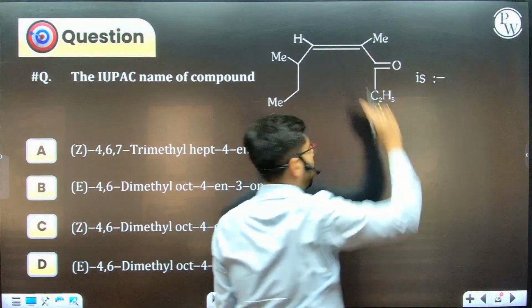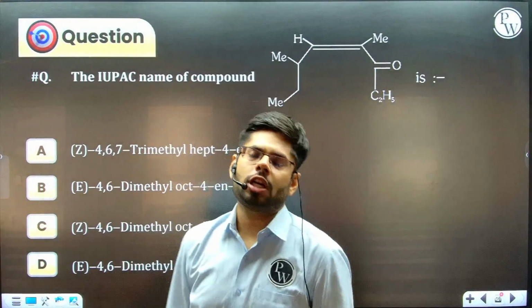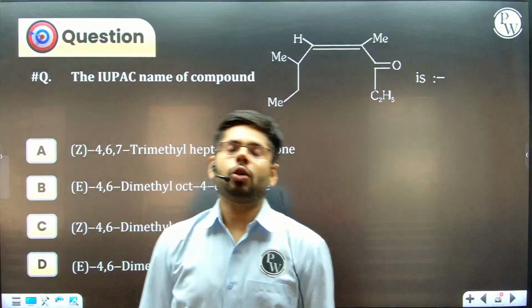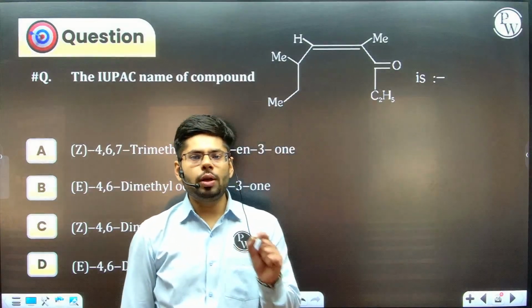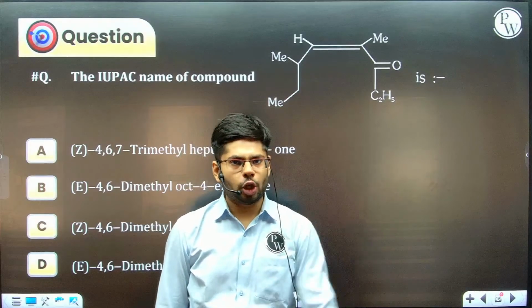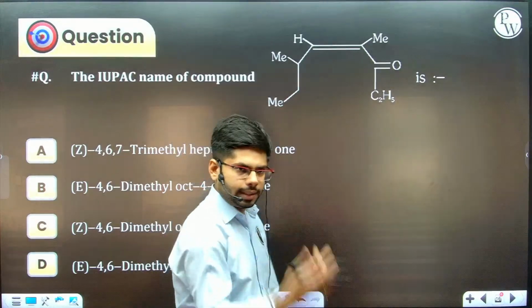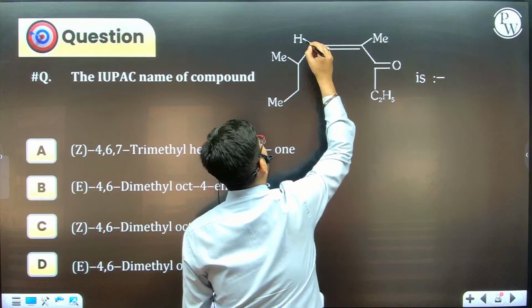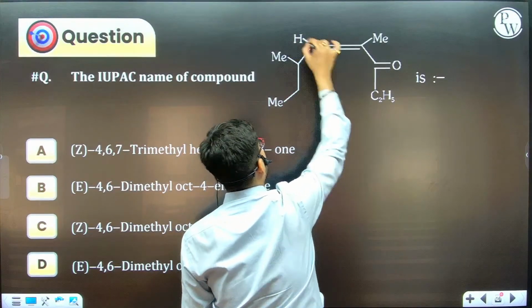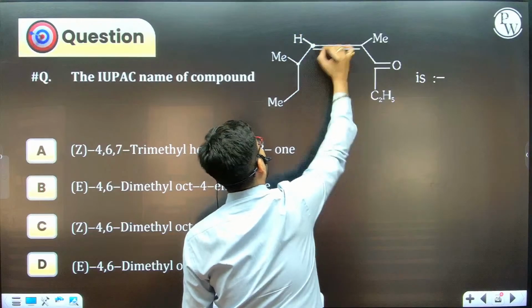Now, how do we decide whether the configuration around the double bond is Z or E? So first we need to apply CIP rules. CIP rules are used to decide priorities of the groups. So let's start assigning priorities. Look at this carbon. Hydrogen is attached to this carbon and a carbon atom is attached to this carbon.